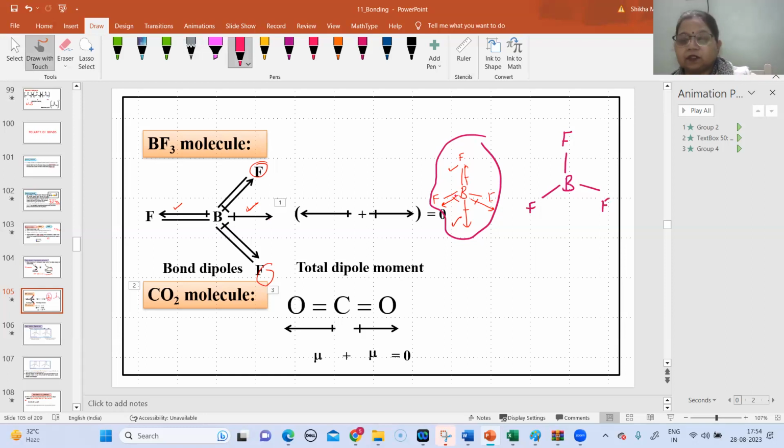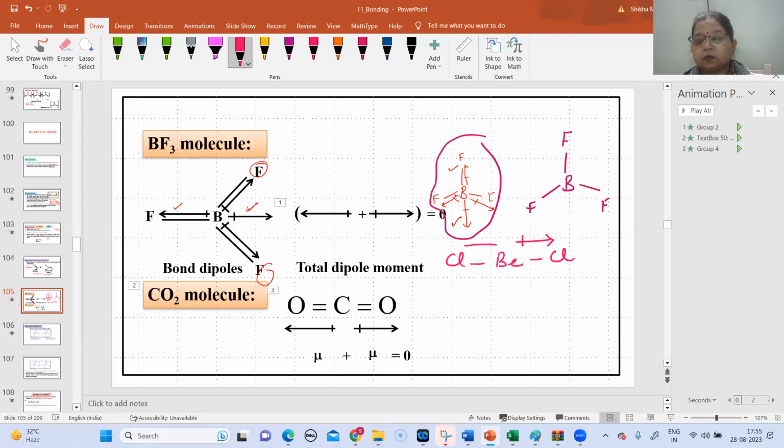If it is not clear, let me draw the vectors for BeCl2, a much simpler molecule. For BeCl2, the dipole will be in this way. Chlorine is electronegative as compared to beryllium, so it will have a negative end, and beryllium a positive end.